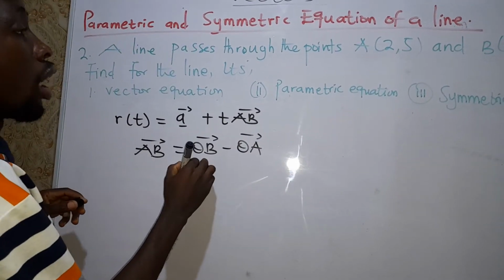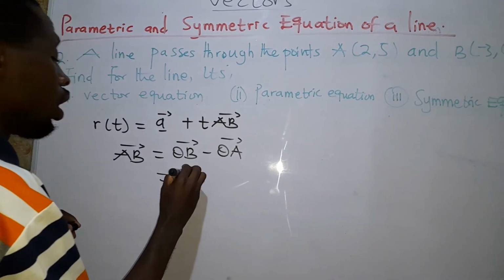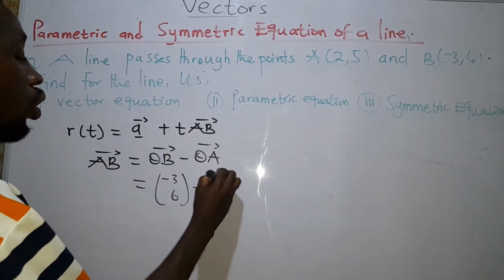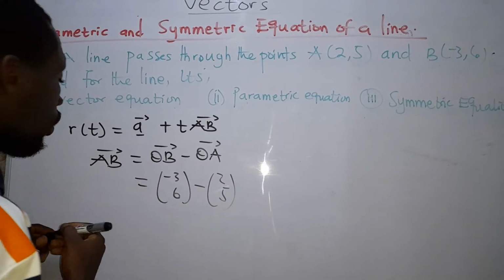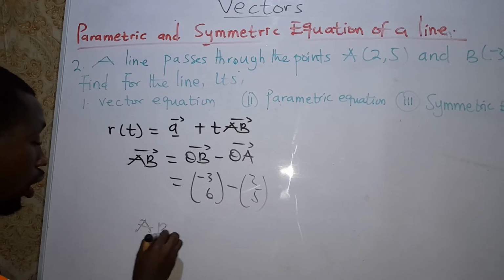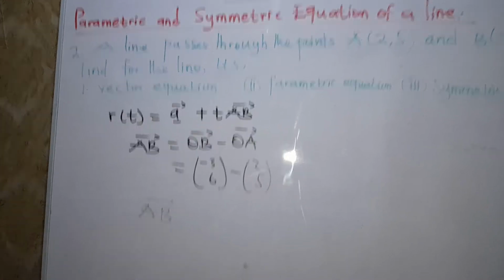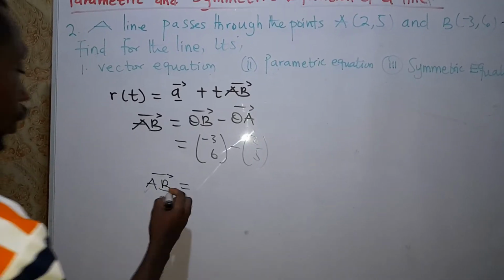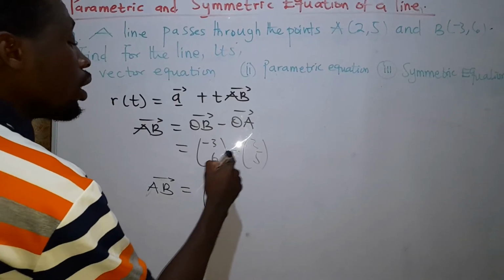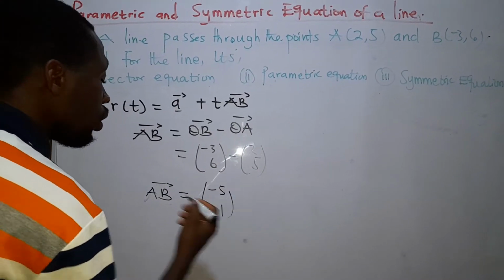Our OB is (-3, 6) and our OA is (2, 5). So the directional vector AB: minus 3 minus 2 is -5, and 6 minus 5 is 1.